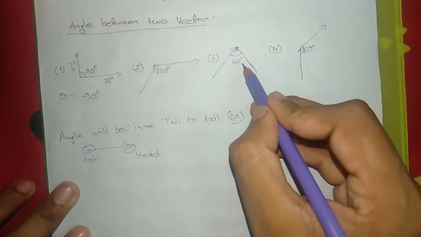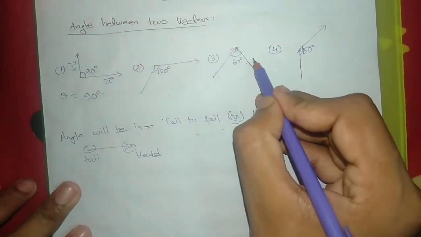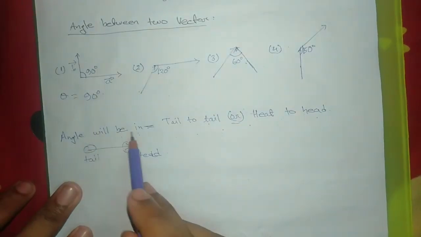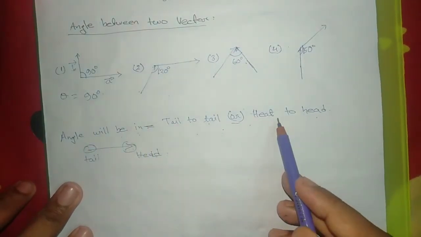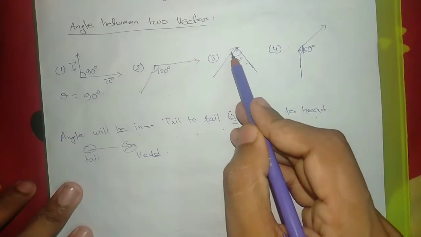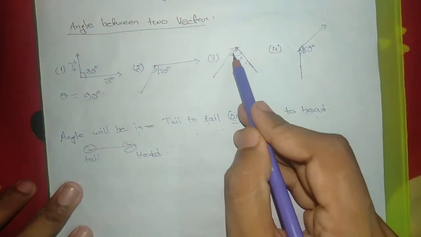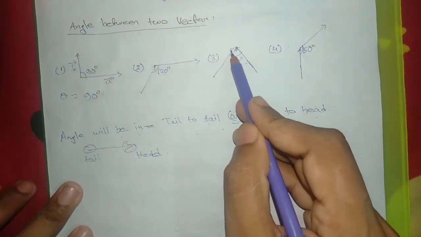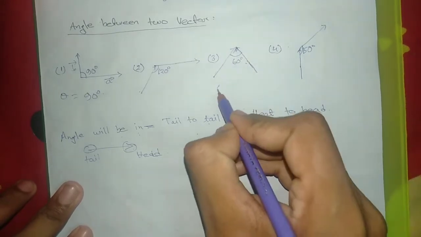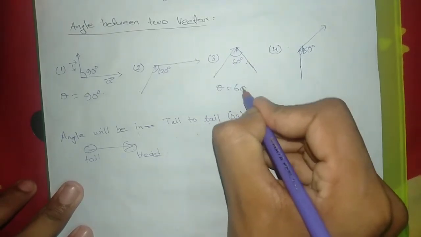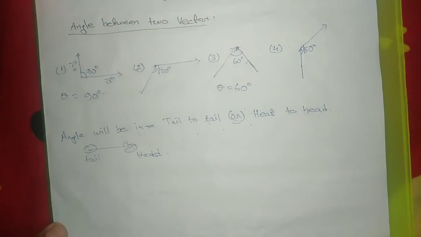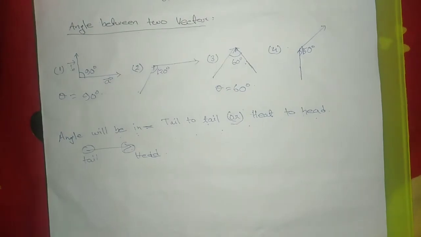Same case here, head to head, that means the angle will be at head to head. Okay, head to head, these two heads are here, so the angle is 60 degrees.